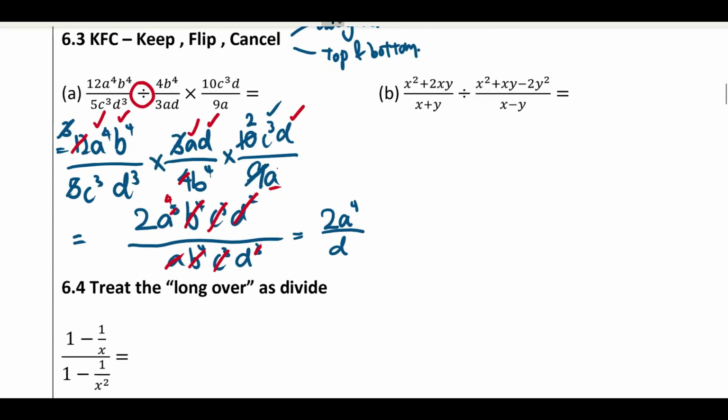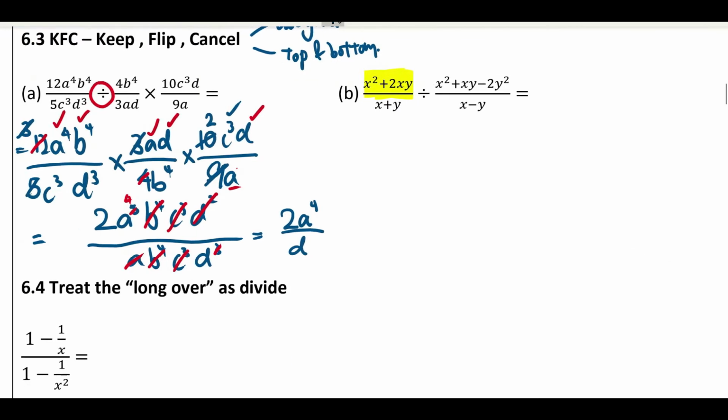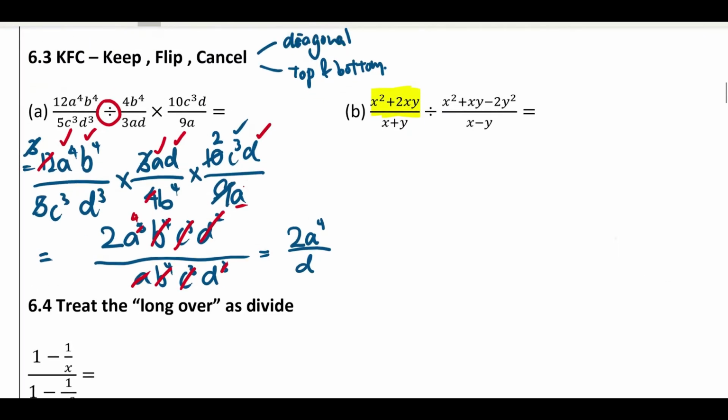Okay, so this is still a simplified one. Now, remember when you see a fraction like that, always look at the numerator. When you can see 2 terms in your numerator or denominator, see whether you can factorize it or not. x squared plus 2xy. For the previous question, if you need to pause or go back, just feel free to rewind and make sure you get it correct.